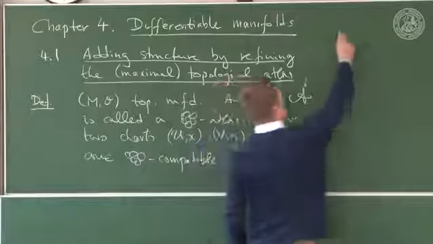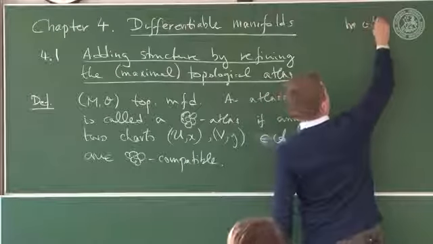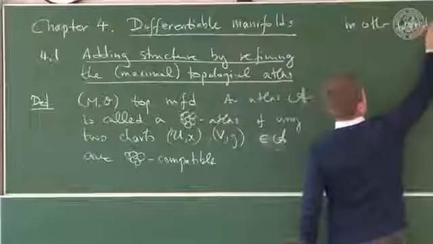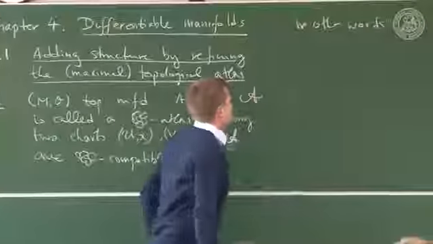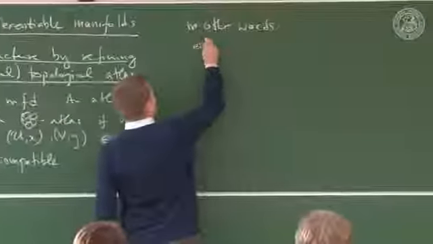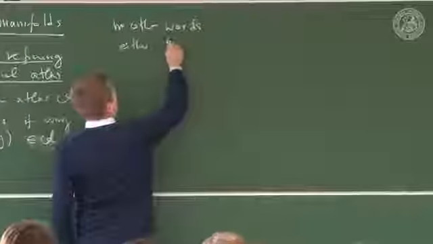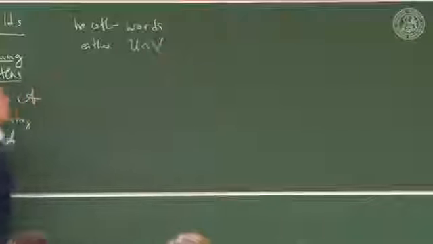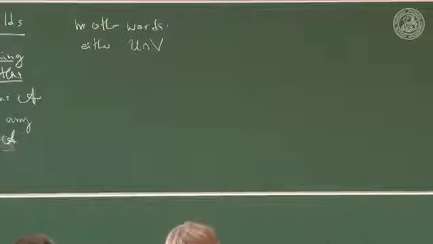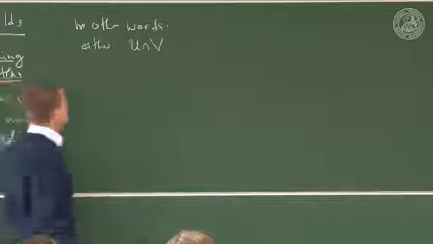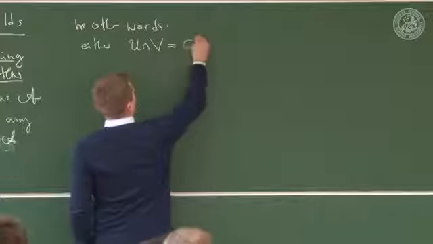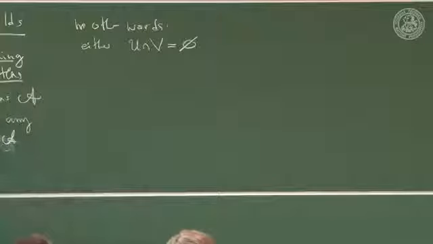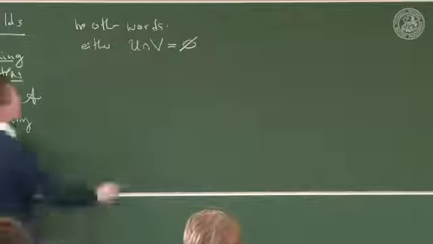So in other words, what we look at is that we have either the situation that the two chart regions U and V, which are open subsets in the manifold, do not intersect at all, then they're already flower compatible.